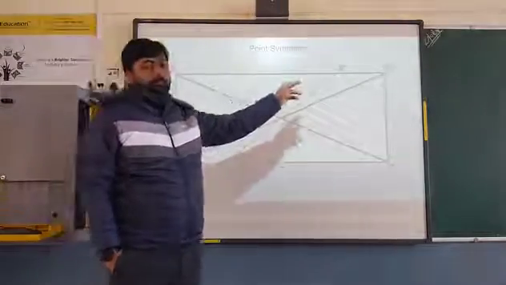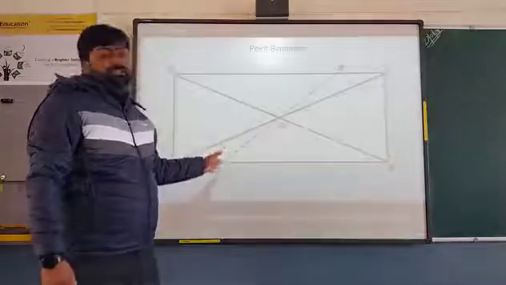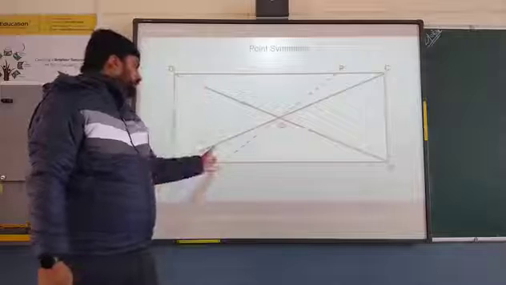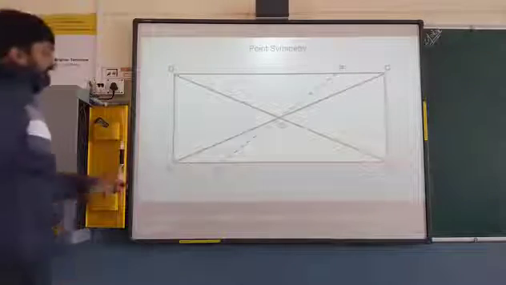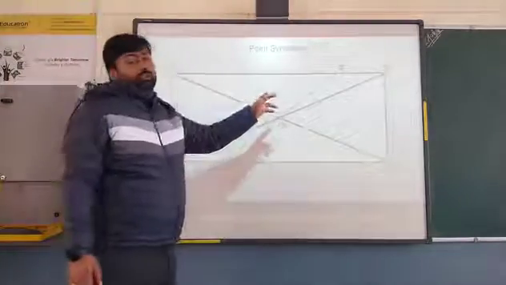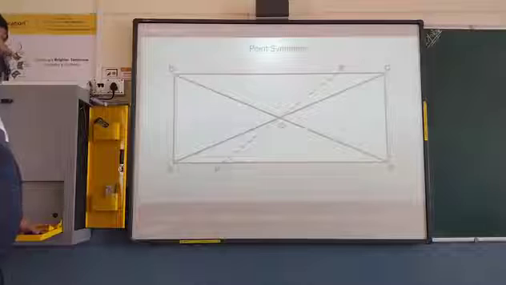That means from point P we take a scale and produce it backwards such that it strikes the opposite side at P dash. Now join P and P dash with a broken line.